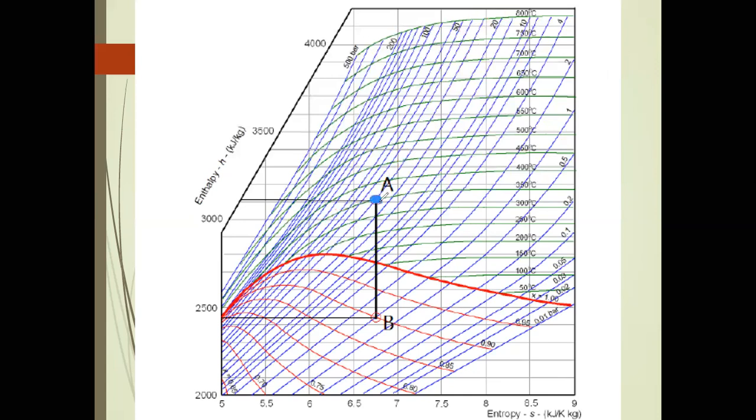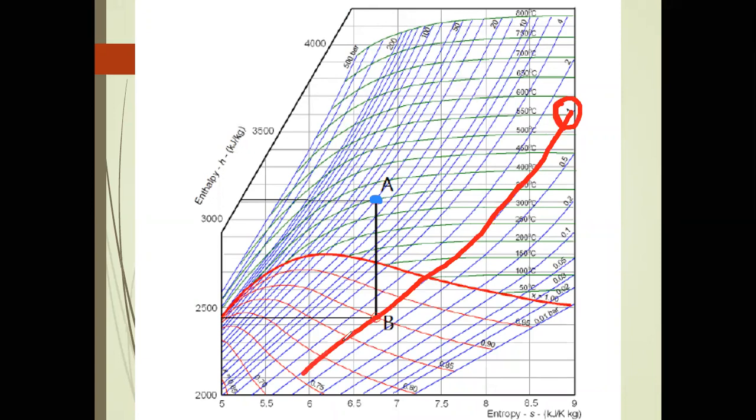So what is the B point? The B point information, my students, you all know, is that the pressure is 1 bar. Where is the 1 bar? You can see this is the 1 bar pressure. So let's draw the line. The whole line is the 1 bar pressure line.